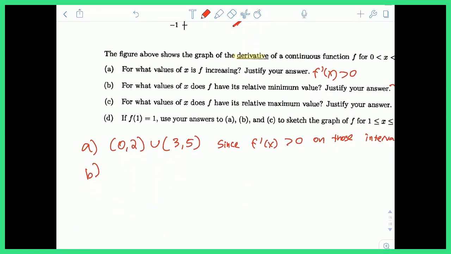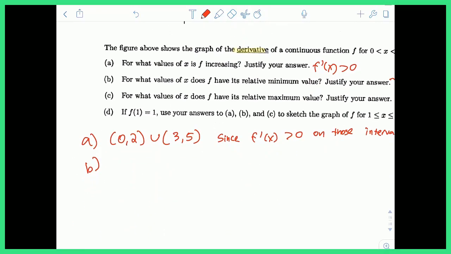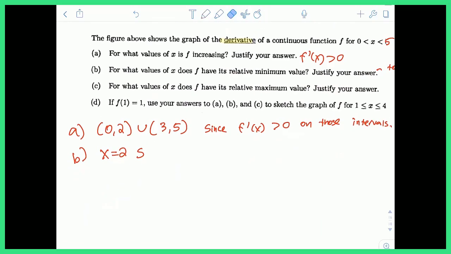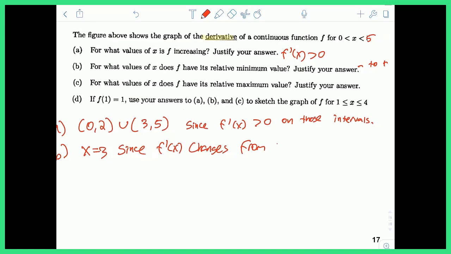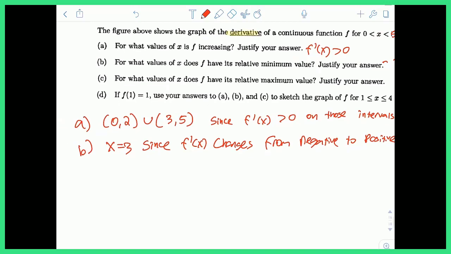So I'm going to go down to B, and I'm going to say at x equals 3, since f prime of x changes from a negative to a positive value. Okay?